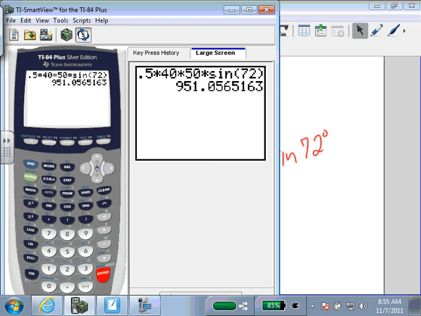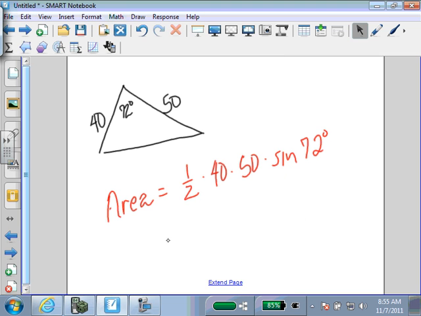So the area is about 951.06 square units. Okay. So that's one area formula, and you can use it anytime you see a side, an angle, and a side.